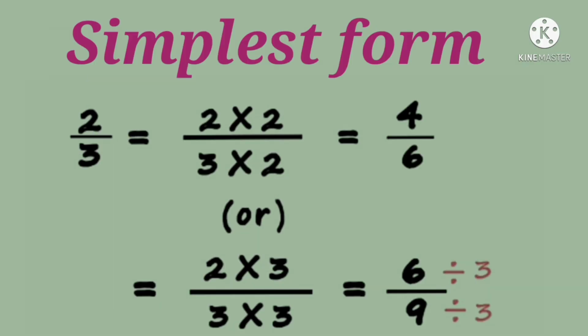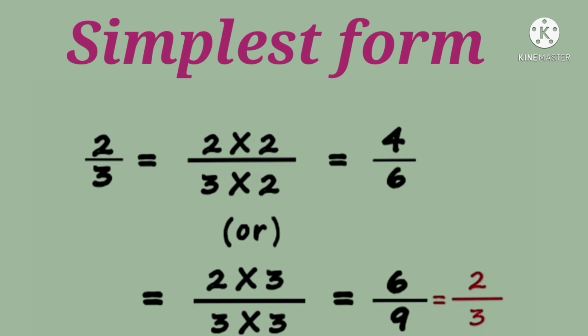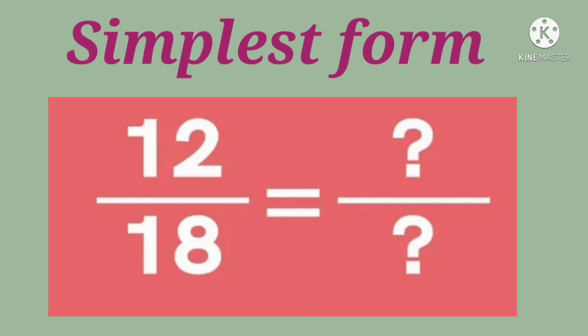We also derive another special property of fractions. We divide 6 by 9 by 3, we get 2 by 3. From this, we know that if we divide the numerator and denominator by the same value, the fraction remains the same. Consider the fraction 12 by 18.